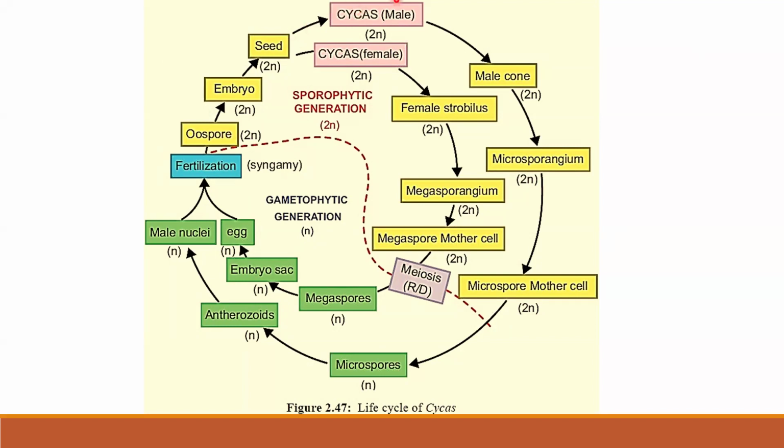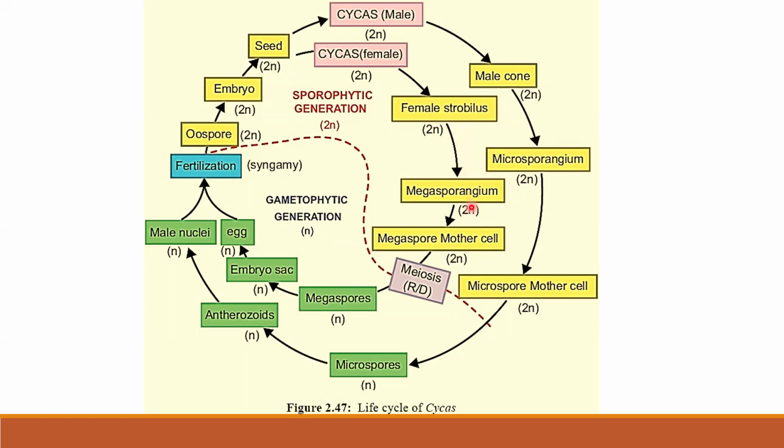So, we get a male Cycas and a female Cycas, which form a male cone and a female strobilus respectively. As female cones are not formed in Cycas, we represent them as megasporophyll only. Male cones form microsporangium and the female strobilus forms megasporangium.